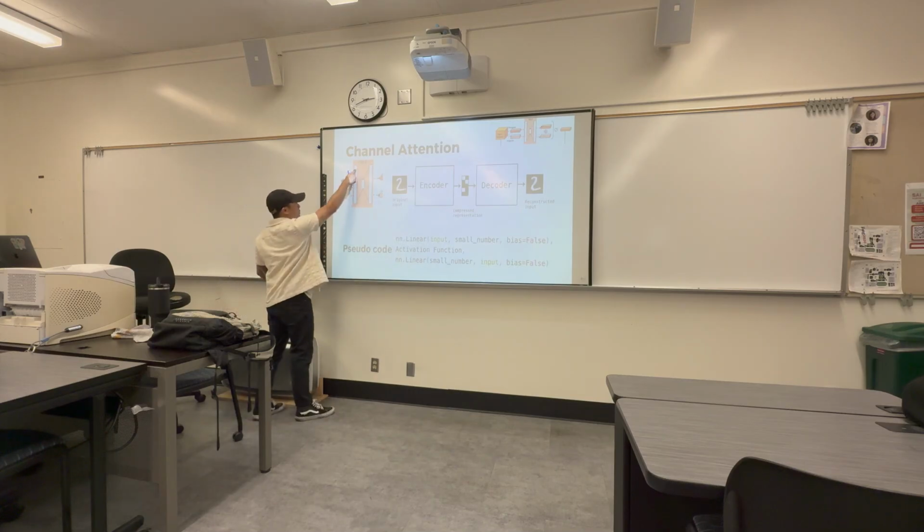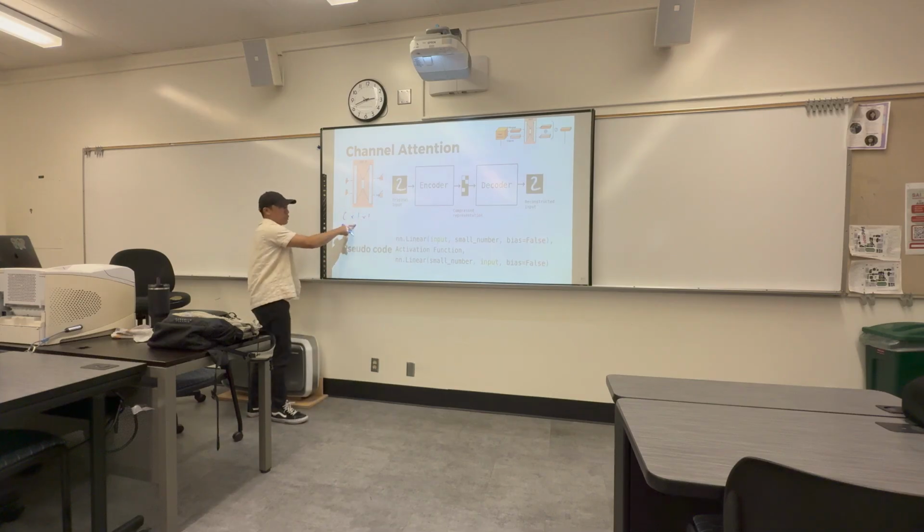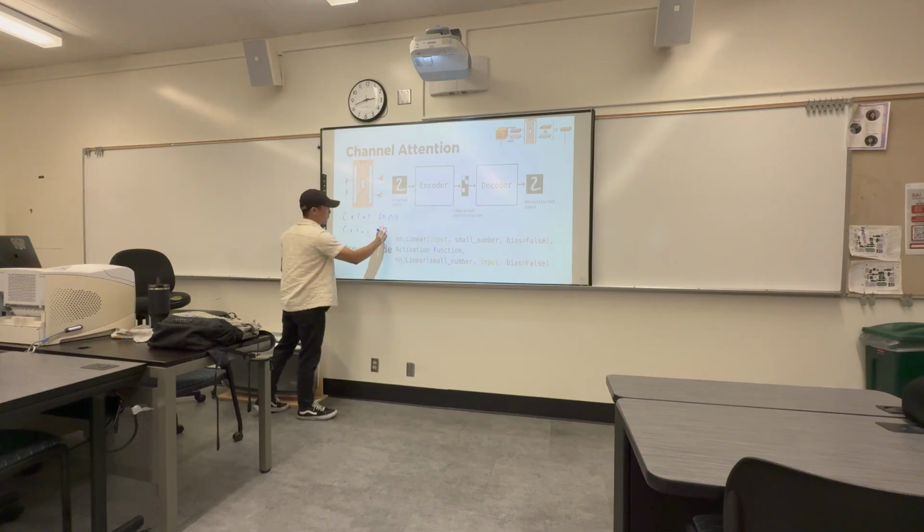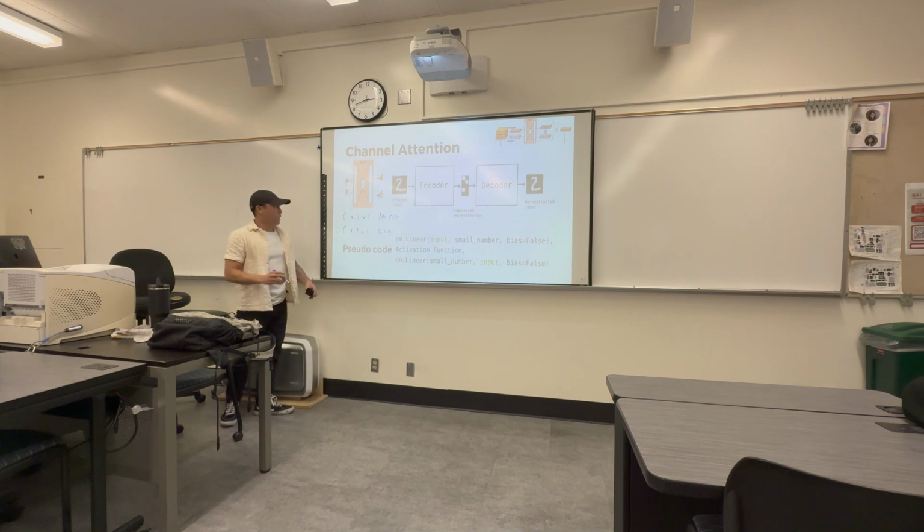So the input for this is one C by 1 by 1, which is a vector, and another C by 1 by 1, where this could be your max pool vector, and this could be your average pool vector. And these are all going through this here.